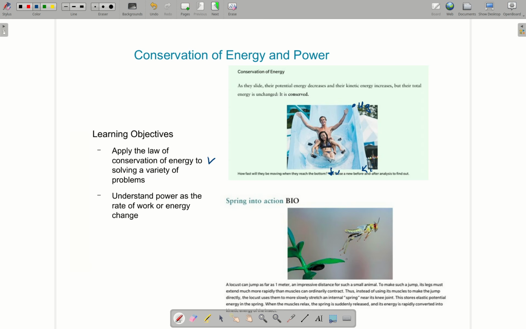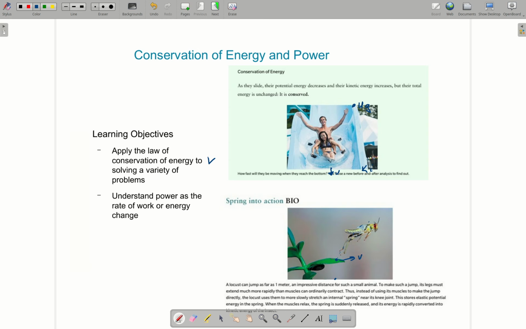And for Lucas, who can jump up to 1 meter, pretty impressive for a small animal, let's say he's starting to jump from the leaf. In this case, he stores some energy in his springy legs, simply converted to kinetic energy.